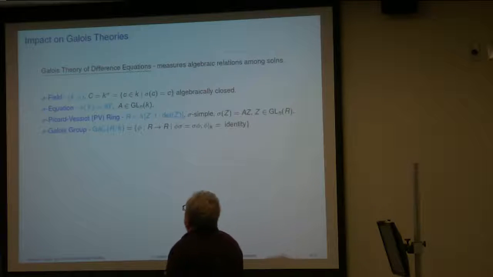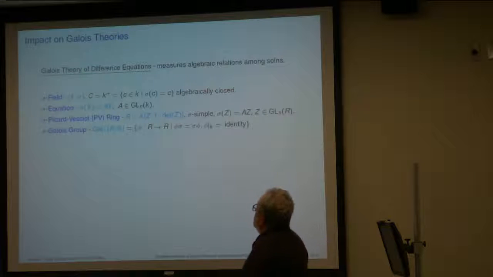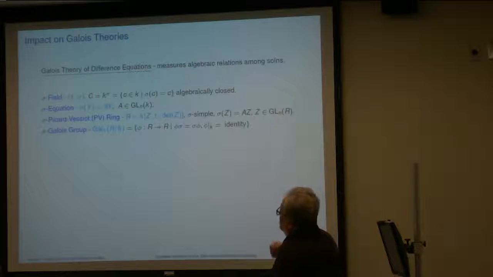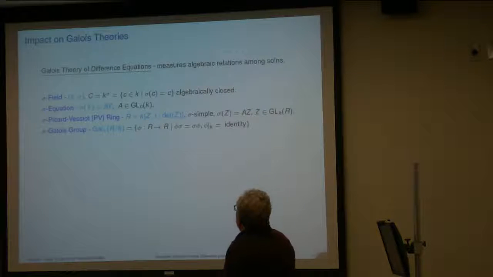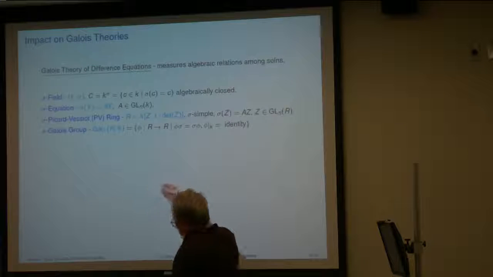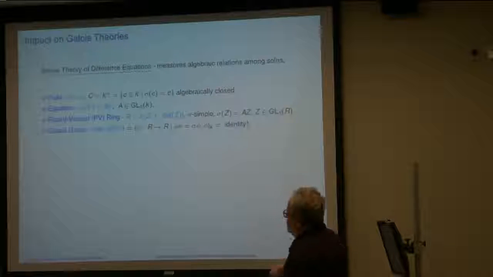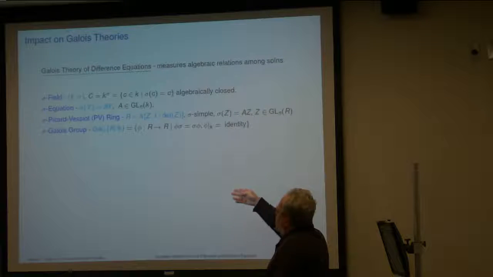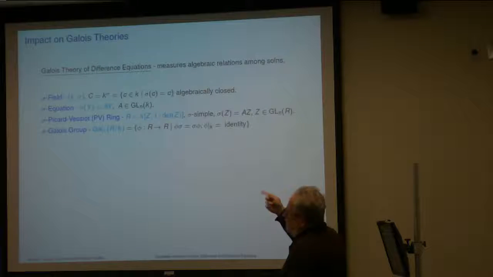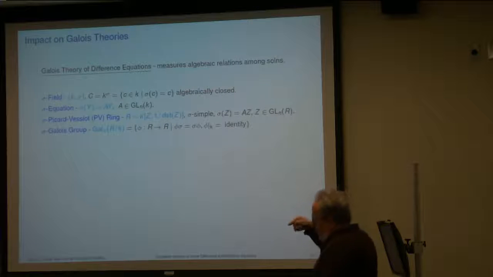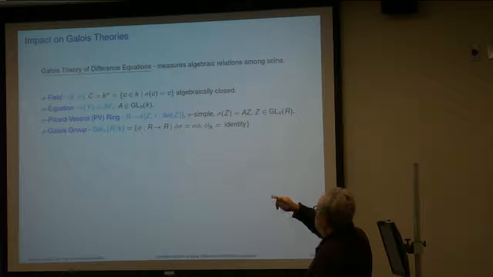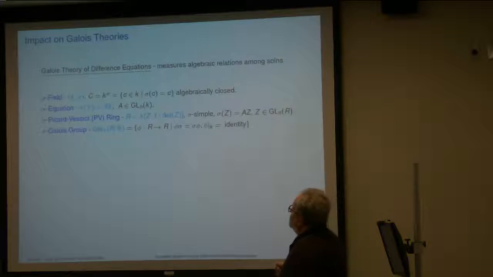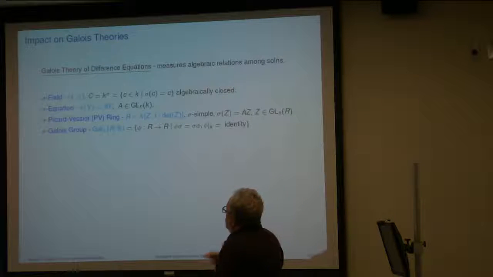So this is the Galois theory of difference equations, my version. You start with some field. There are generalizations, but this is the basic thing. You have a field and an automorphism. Again, you can do it with an endomorphism, but an automorphism. The things that are left fixed are called constants. You have an equation.